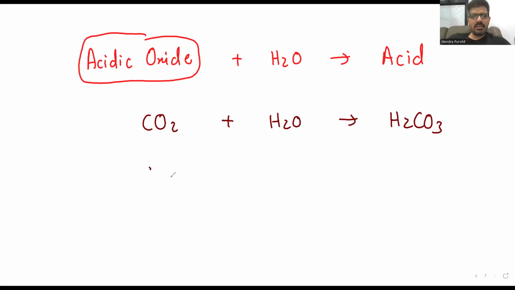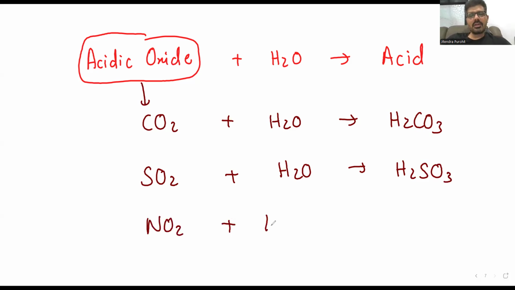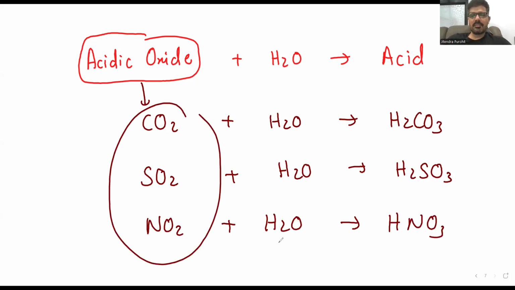Sulfur dioxide plus water, you get sulfurous acid. So these are acidic oxides. Nitrogen dioxide, when you dissolve that in water, you get nitric acid. So all these are acidic oxides.